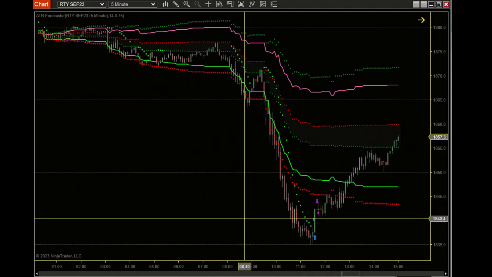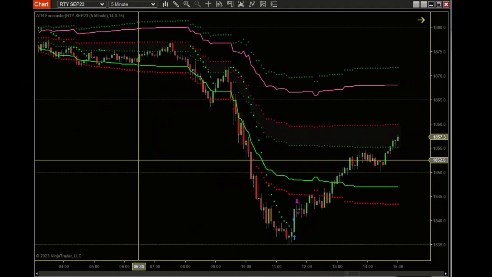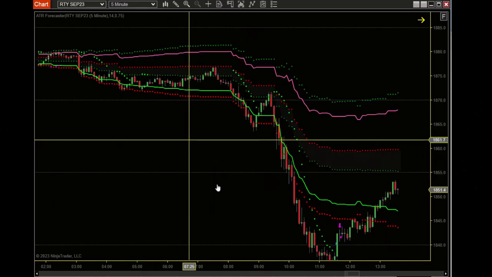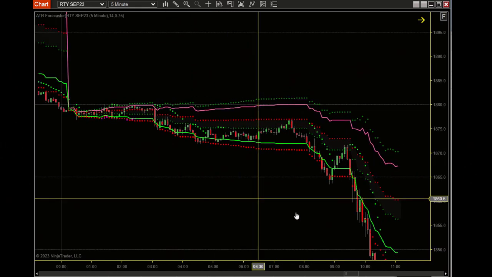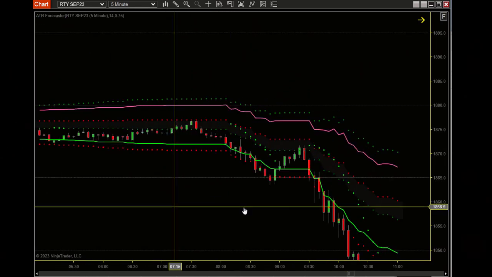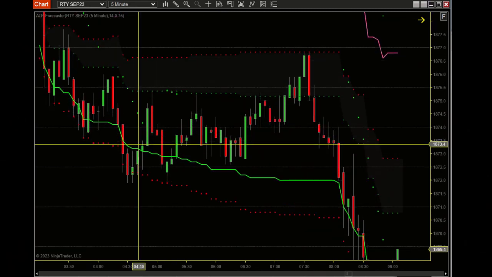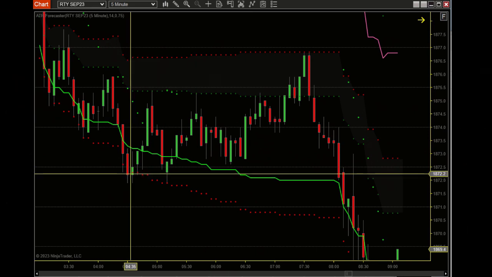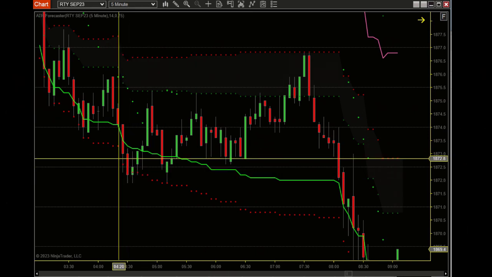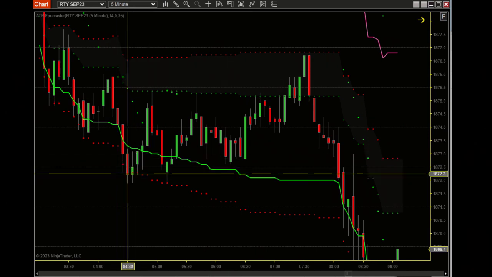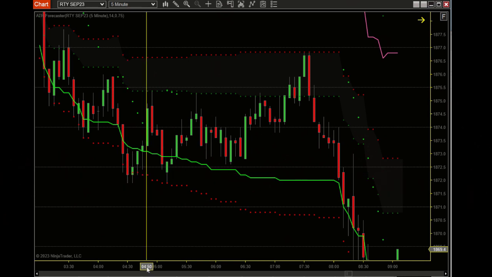So what it does show you, though, is if you zoom in, let's zoom in on this early morning hours in the Europe session. What it shows you is that when we've exceeded this, when we hit these red dots, we have hit the ATR for that part of the day.